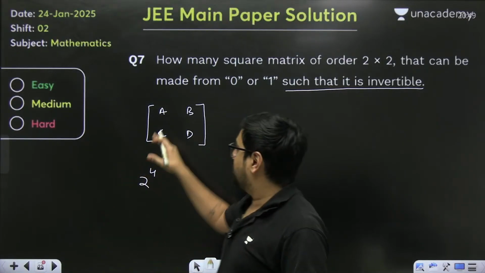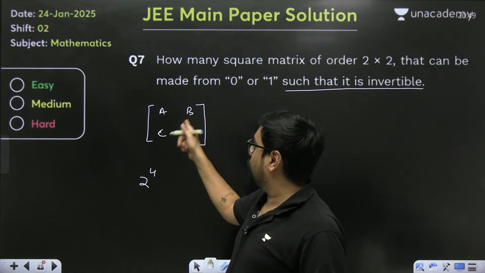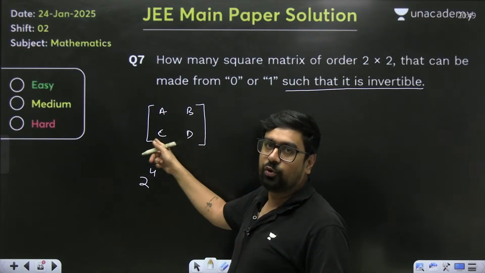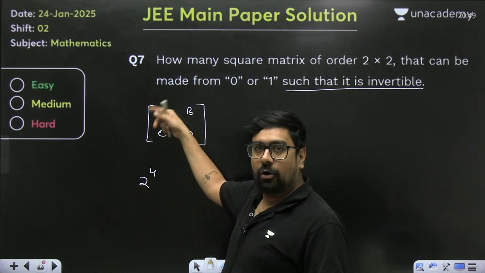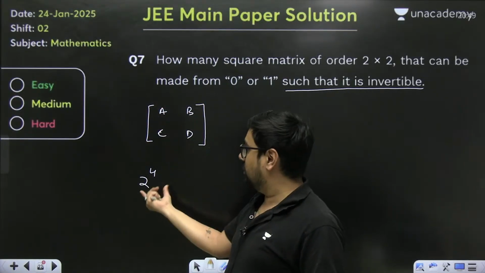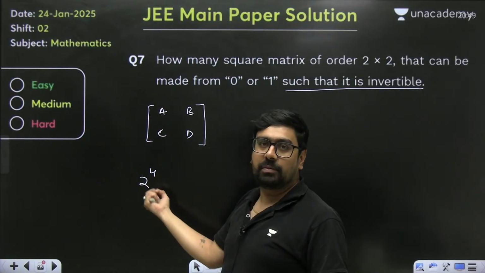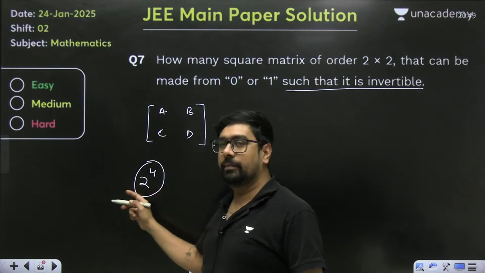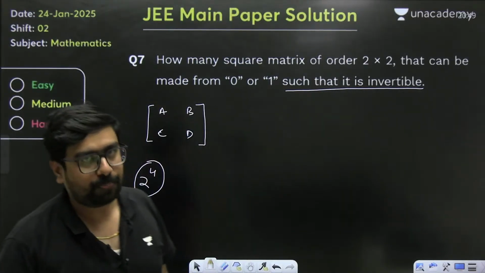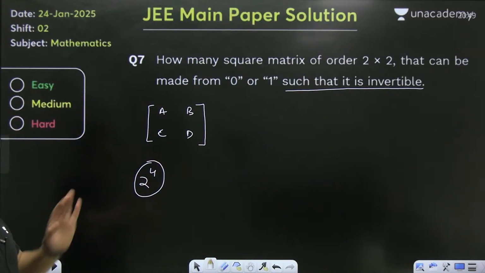How many possible ways are there? 2 for this, 2 for this, 2 for this, 2 for this. So 2 into 2 into 2 into 2. A can be there or not there, B can be there or not there. So total number of possible matrices which we can form using 4 elements will be 2 to the power 4.